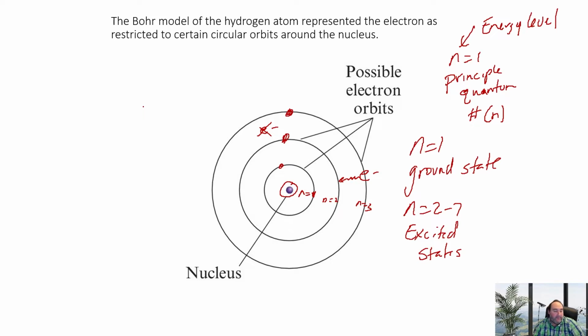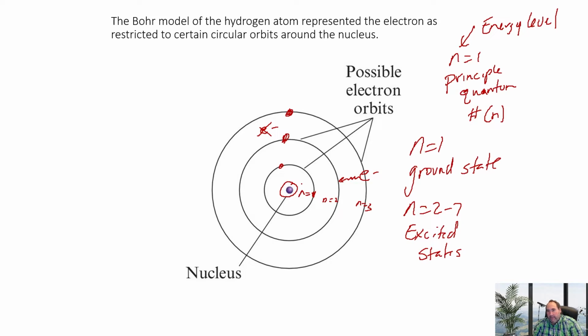It cannot find itself in the middle of any. So again, n equals 1 is our ground state, closest to the nucleus, lowest in energy. n equals 2 through 7, any of those orbitals further away, are referred to as excited states, higher in energy. They move in these nice, pretty little circles, which, as we'll shortly talk about, is not really the case either.